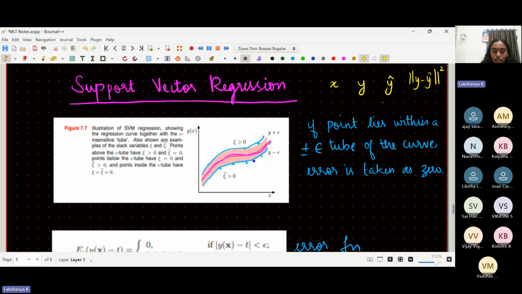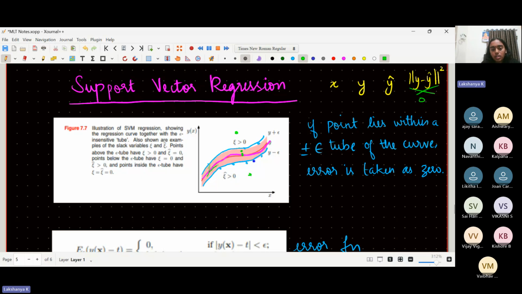So in support vector regression, let's say your original y value is somewhere here and the predicted value is this. If it lies within plus or minus epsilon distance, then we consider this error as 0. Only if your predicted value lies outside this epsilon distance, we take that error. So we are giving your model a little bit of leeway basically.